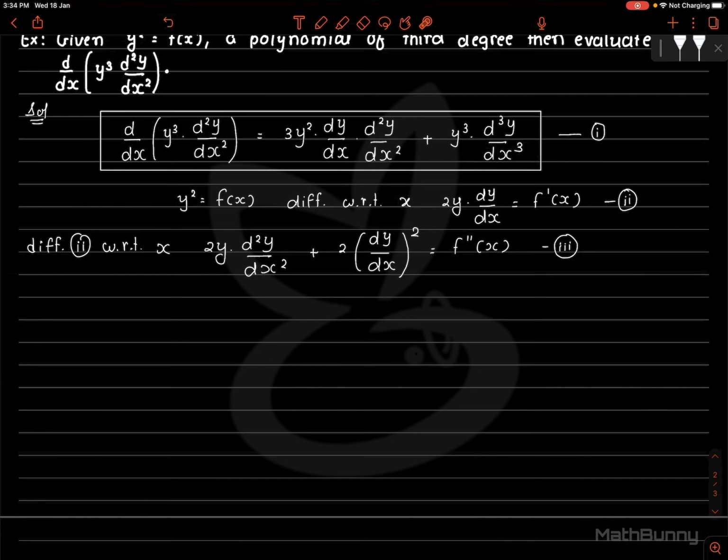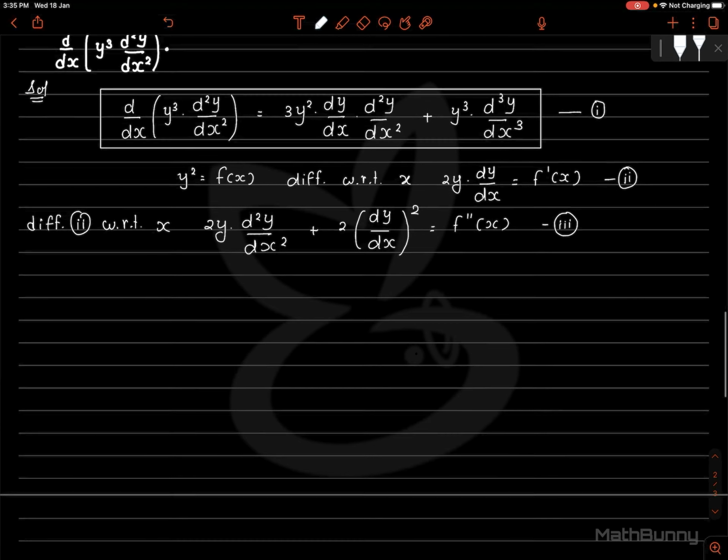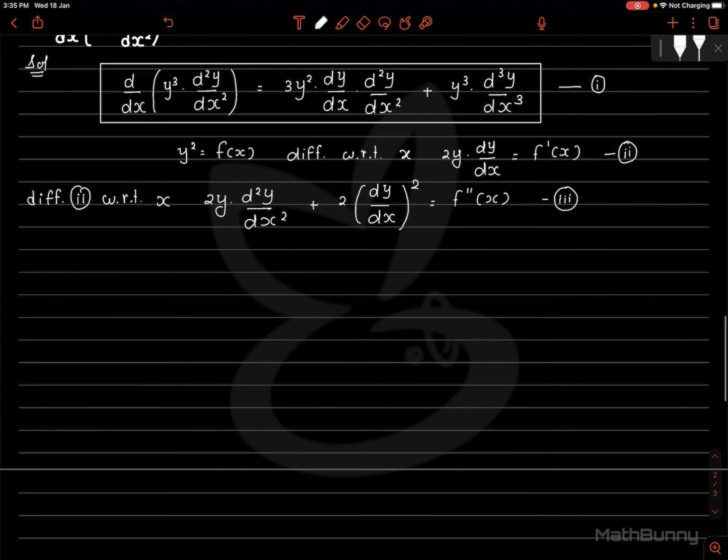Here in the question we are asked to differentiate y thrice. Here we got only the differentiation d square y upon dx square. So we are supposed to differentiate 3 again.